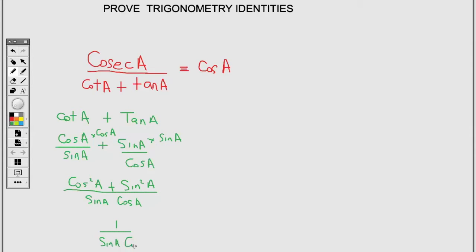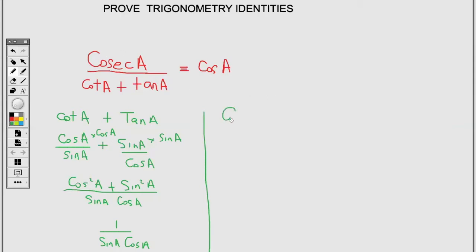So this information that we have here is the denominator of the left hand side being simplified. So now I'm going to replace the denominator with the information that I have just gathered here.